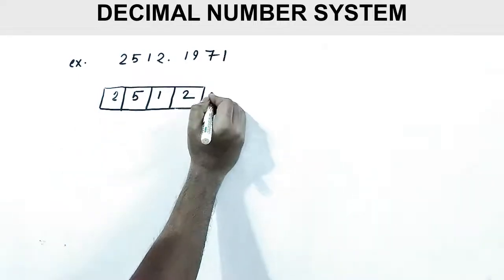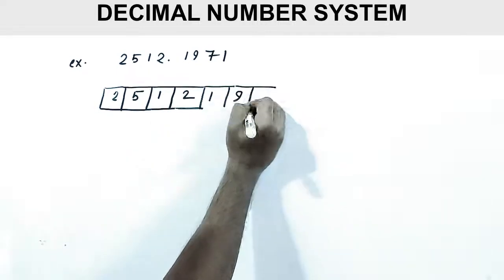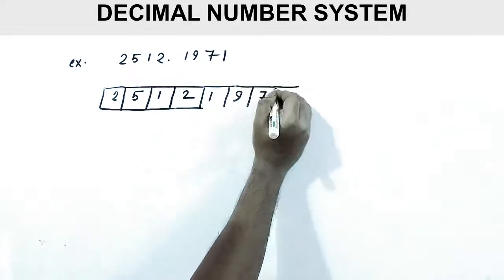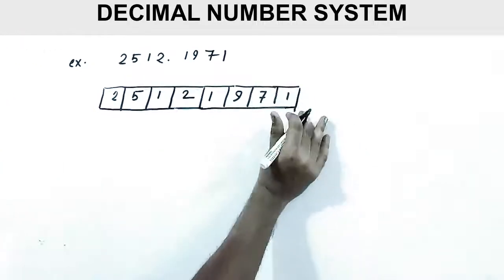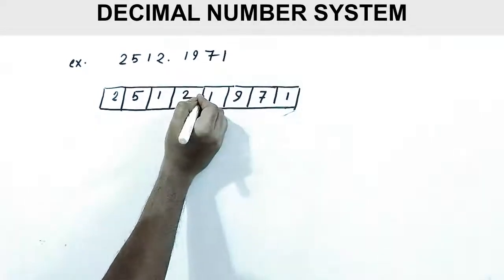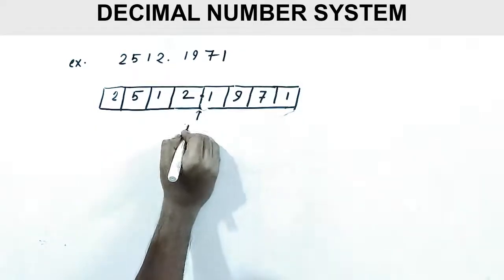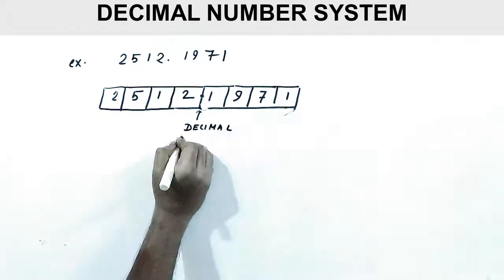Now we have the fractional part 1, 9, 7, 1. So this is the integer part, this is the fractional part, and this one is denoted as the decimal point.